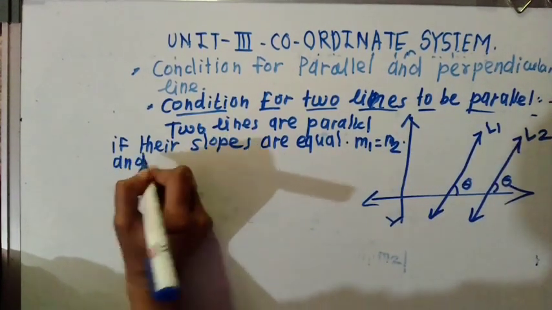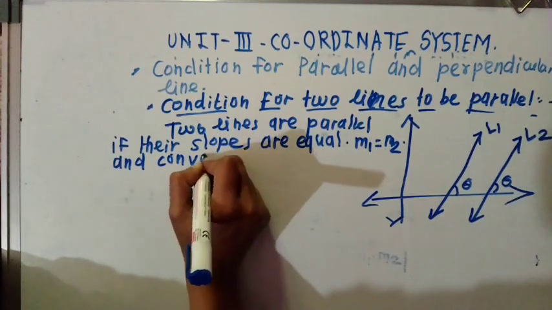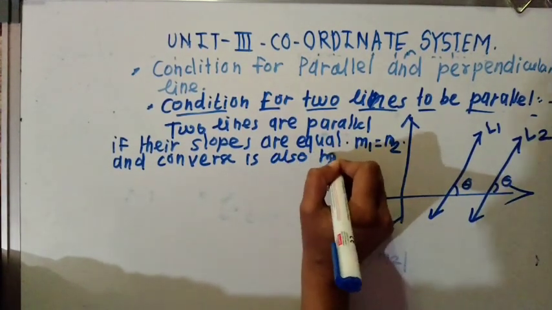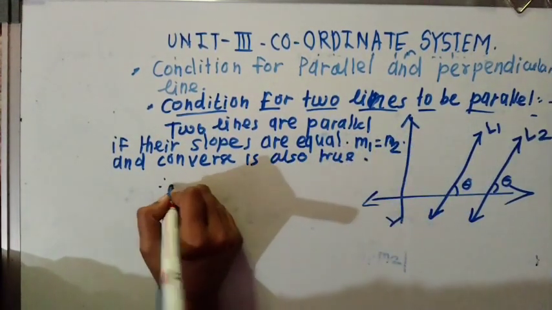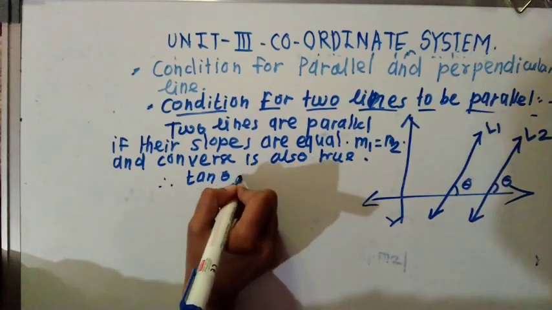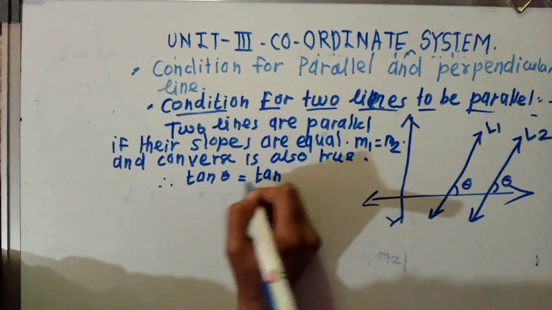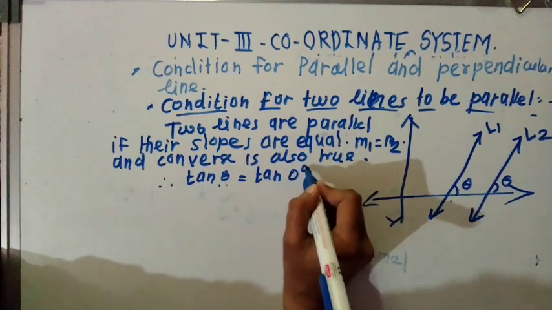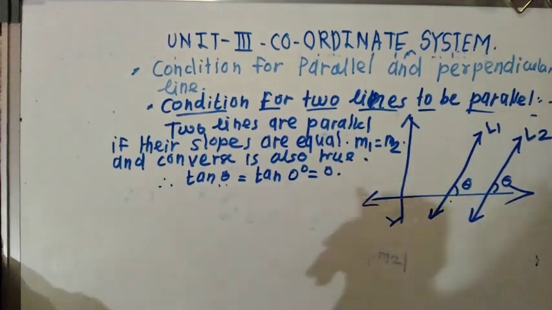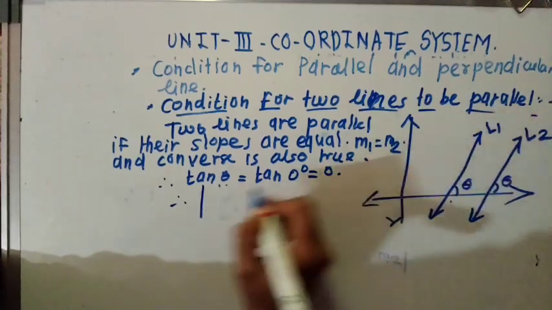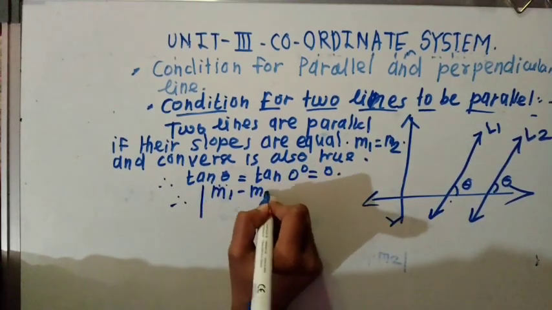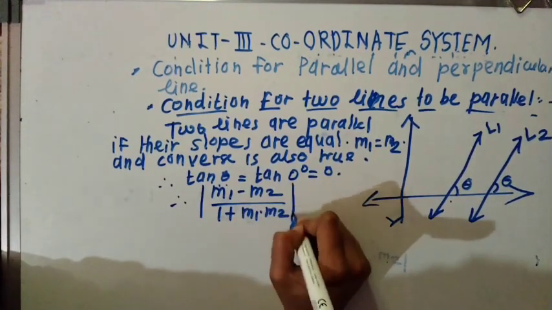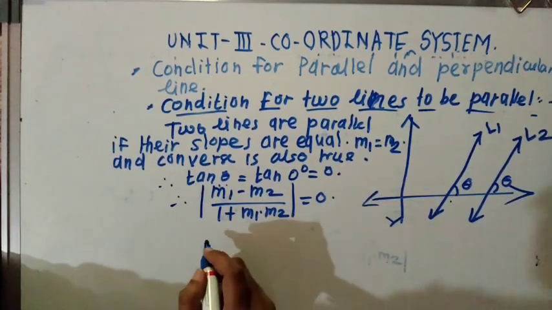and the converse is also true. So first, for parallel lines the angle theta is 0, so tan theta is equal to tan 0 degrees, which is equal to 0. Hence we get tan theta is equal to m1 minus m2 upon 1 plus m1 into m2 is equal to 0.